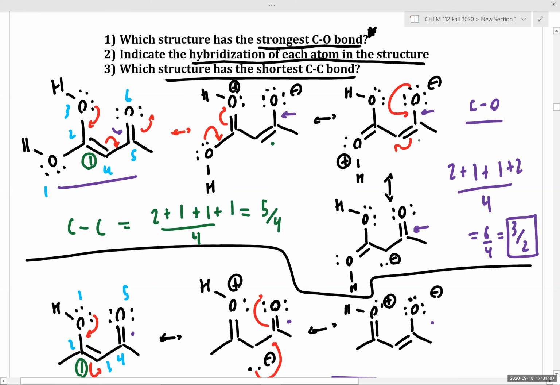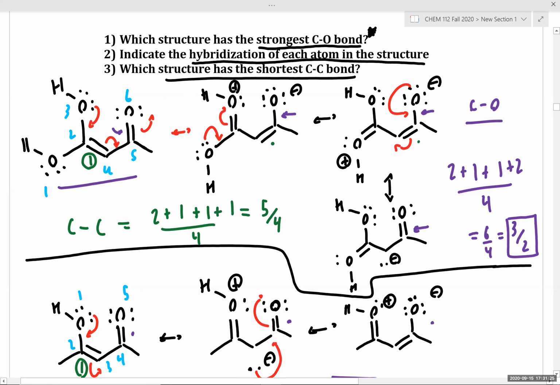So even though we have these structures that have a lot of double bond character, the contribution from these structures on the right are relatively minor compared to the structure on the left where it's neutral.